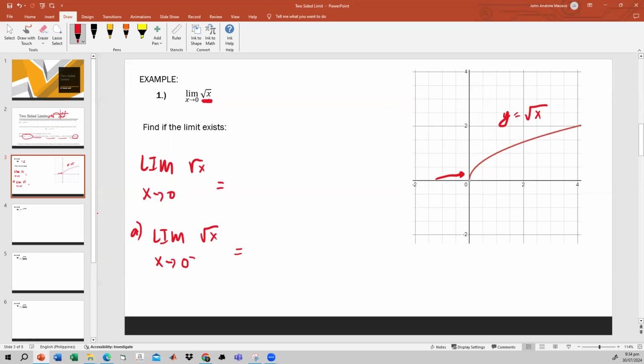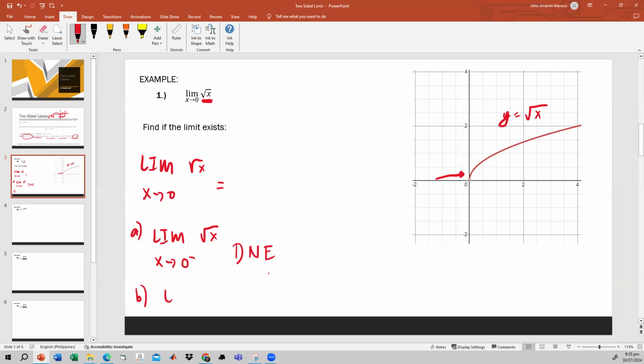There's no behavior of a graph that can be seen on this side. So in that case, we can now say that the limit does not exist from the left of 0.